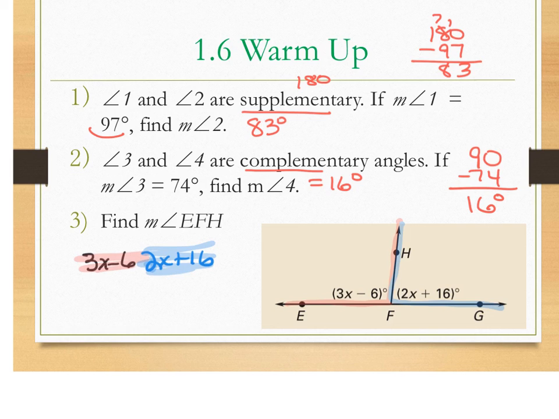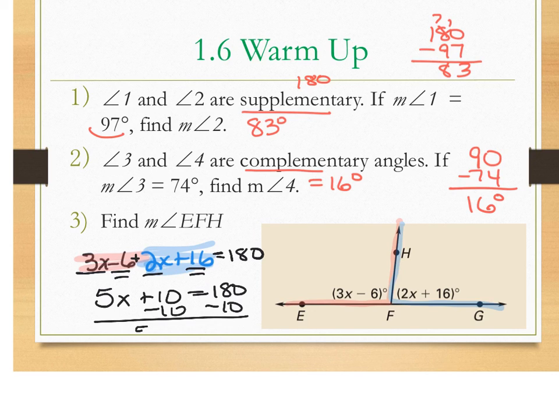And I know when I add them, because it's a linear pair, they're going to equal 180. I'm going to combine my like terms, 5x, and I'll add the negative 6 and the 16. Gives me 10. I'll subtract the 10. 5x equals 170. Divide by 5, and x equals 34.